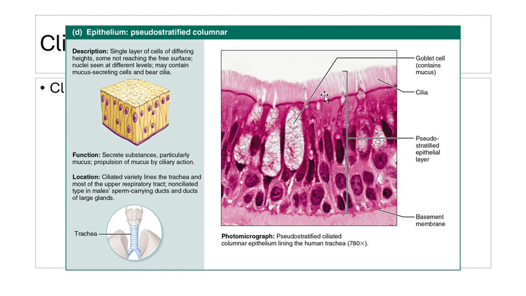And at the apex, we can see some projections, some cilia. They also look like a brush border. So it is called pseudostratified ciliated columnar. Where can we find that one? At the respiratory tract, for example, at the trachea or bronchi.